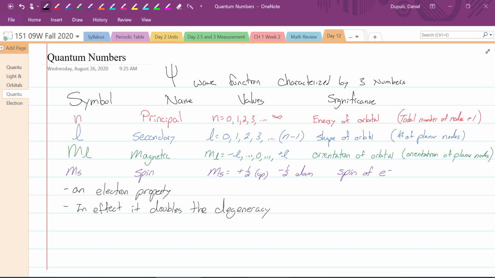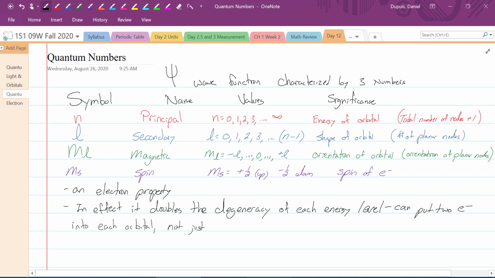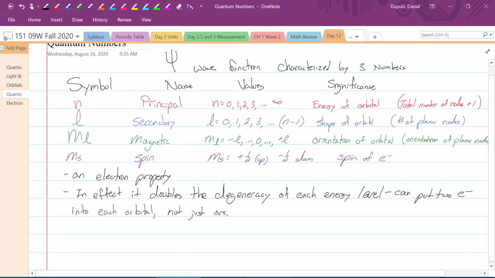So it doubles the degeneracy of each energy level. That means we can put 2 electrons into each orbital, not just 1, which is good.